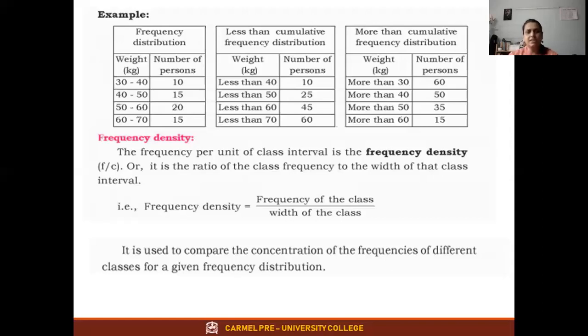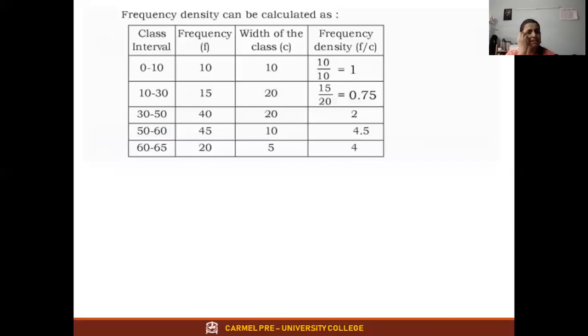So what is frequency density? Remember, it is F by C. F is the frequency of the class. C is the width of the class. How do you calculate? If class intervals and different frequencies are given, write the width of the class. For 0 to 10, what is the width? 10. For 10 to 30, how do you find the width?